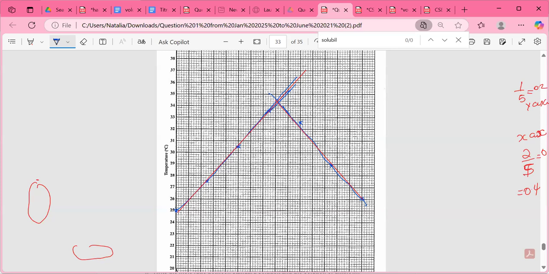So where the two lines intersect, that is what my volume of sulfuric acid would be. Because my lines are lining up, let's just read it off.